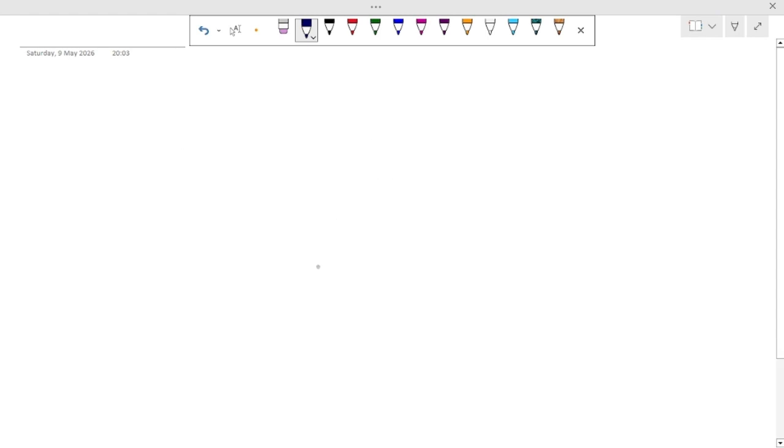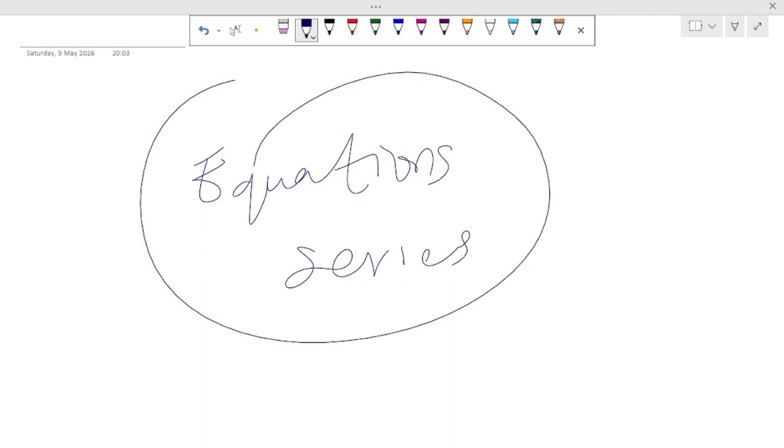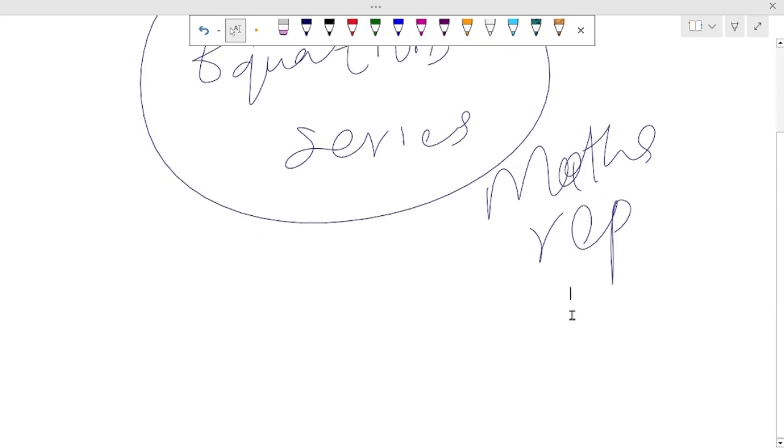Now, if you want to solve equations, or series, or math, all these things are mathematical representations of real life systems.